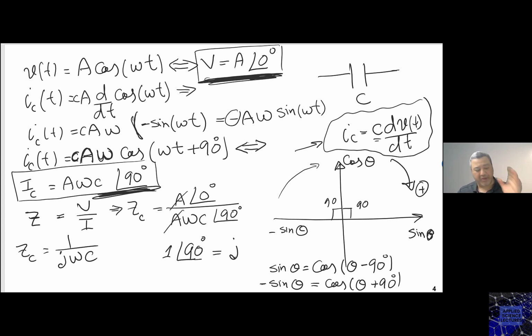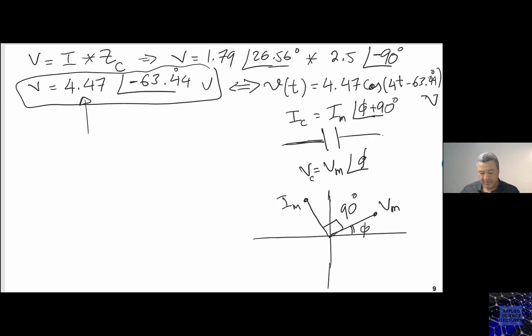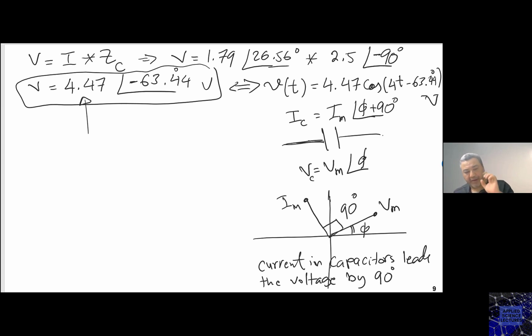So the current in capacitors leads the voltage by 90 degrees.